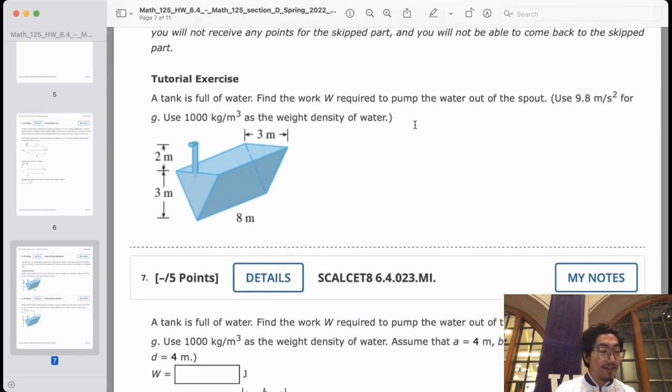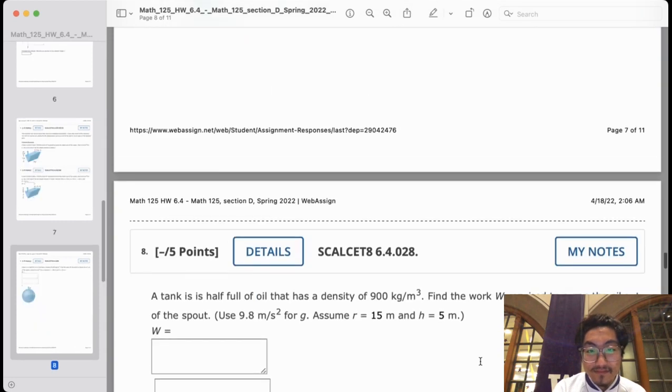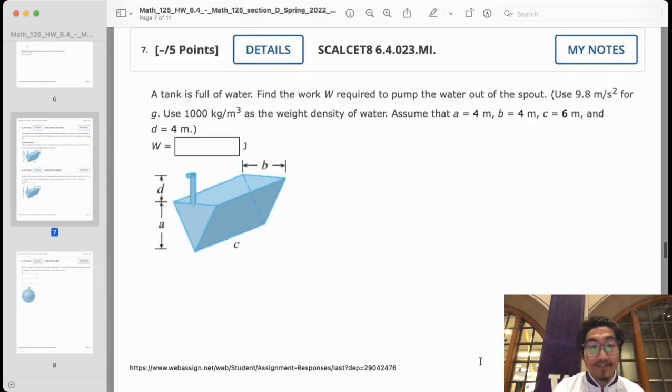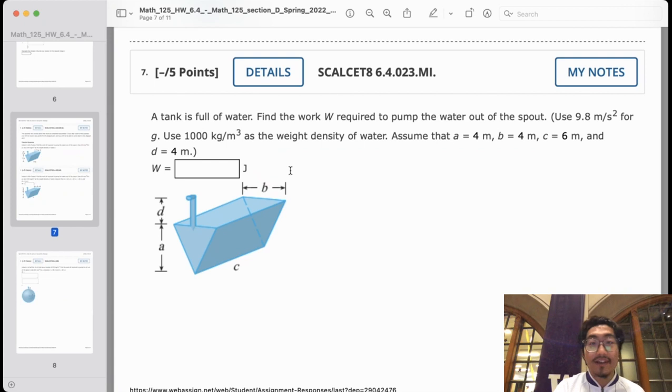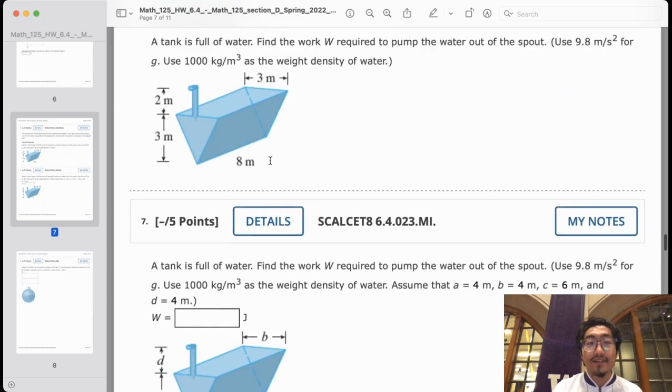This number 23 is pumping water. This is another problem worth talking about. I will send this problem later in a handwritten study guide or PDF study guide.